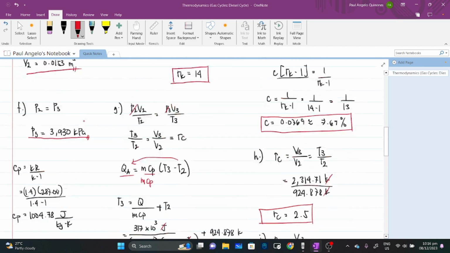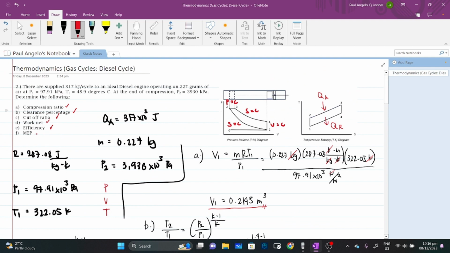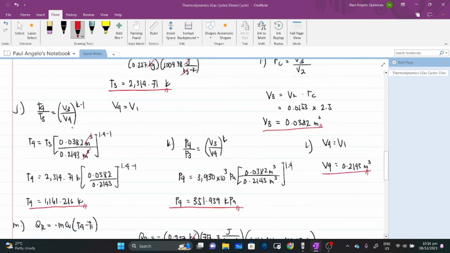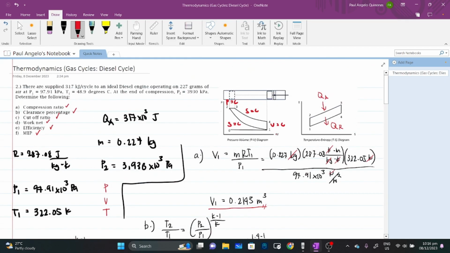My tip when you are solving for gas cycles is to try to solve each point. So you solve for point 1, point 2, point 3, point 4. You should not limit yourself to the variables that are necessary. It's okay for you to solve for that. Once you're done solving for all those variables, you can check by consulting your PV and TS diagram.